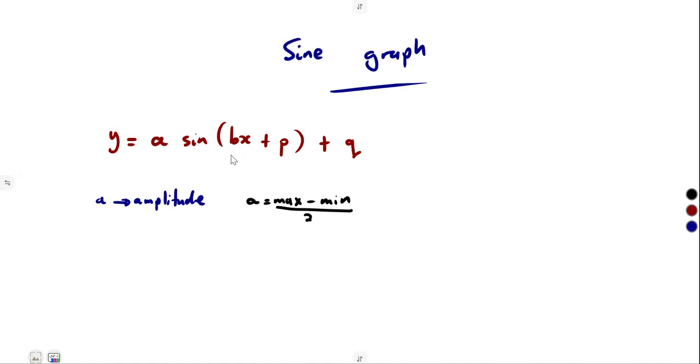B is going to be another effect. Y is equal to sine 2x. Y is equal to sine 3x. This part here represents the number of cycles per specified time interval.